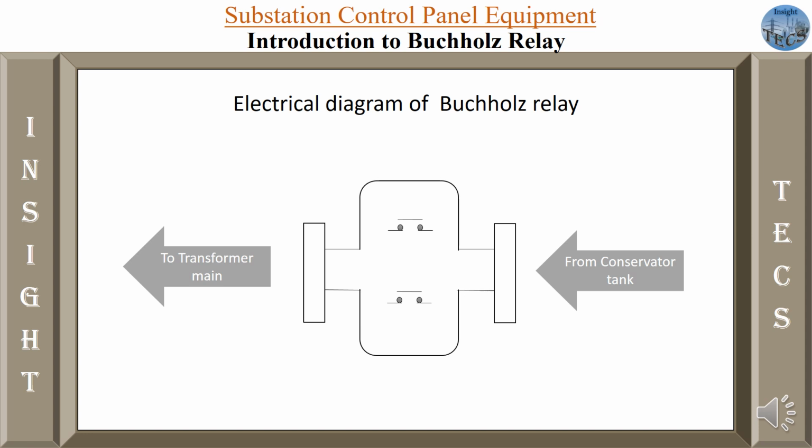So friends, as we have seen the practical Buchholz relay, we can easily relate that the upper two contacts are for the alarm and the lower two contacts are used for the tripping. Now let us understand how you can do the wiring to use these two contacts.